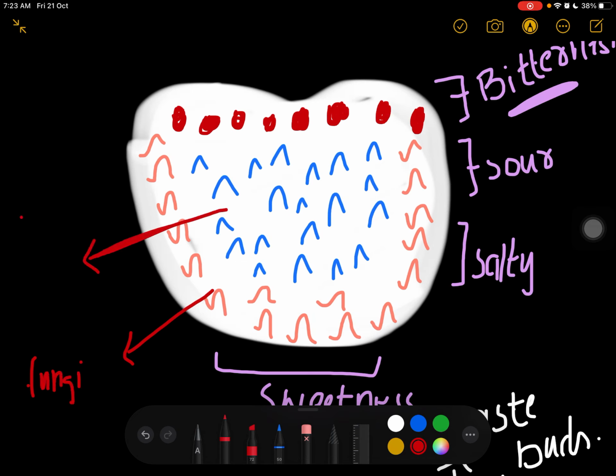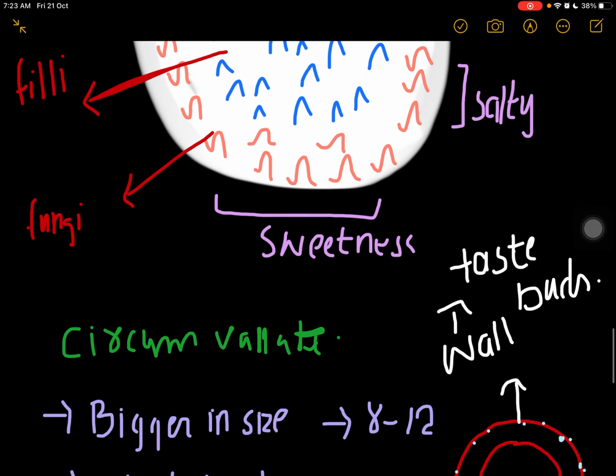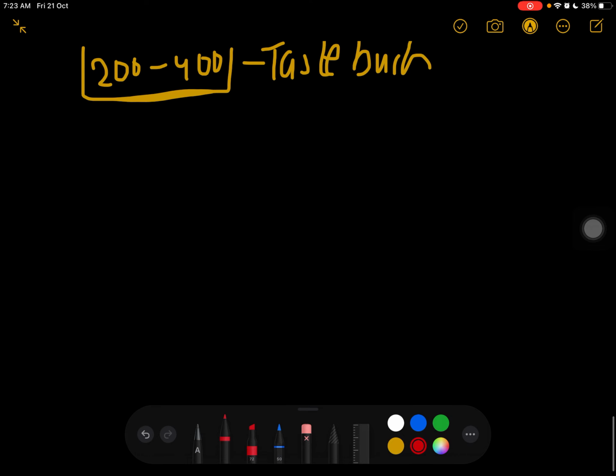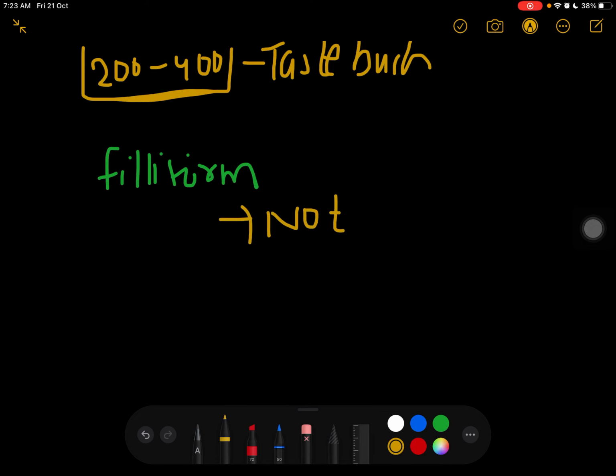And this is filiform, and these are circumvallate, right? So what are filiform? As I said before, filiform does not contain any kind of taste buds, right? There are no taste buds in it.